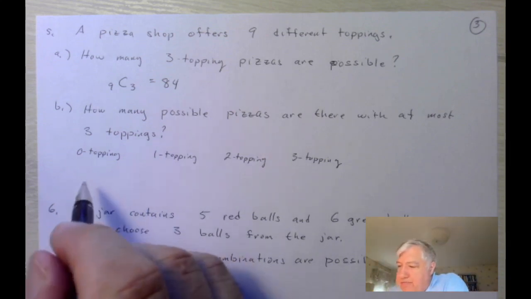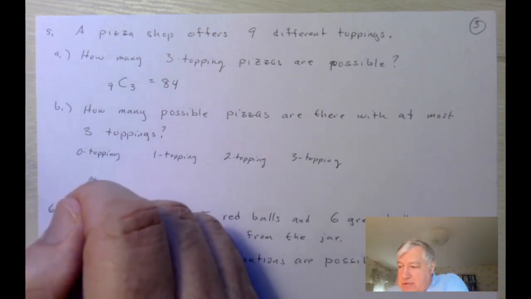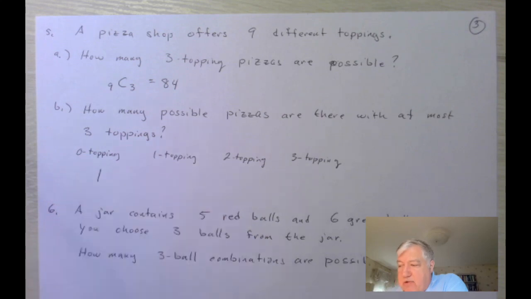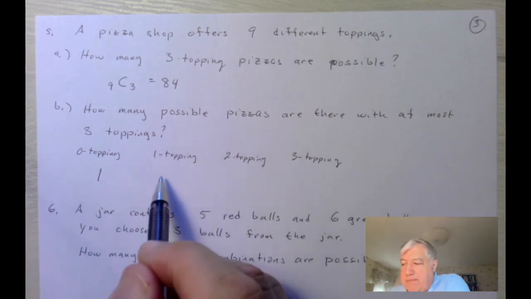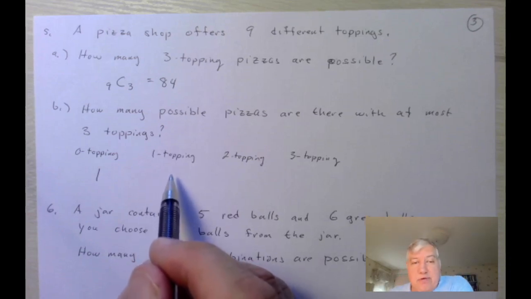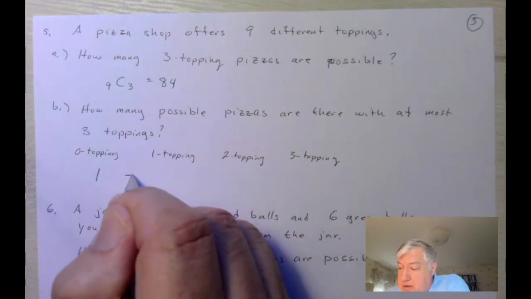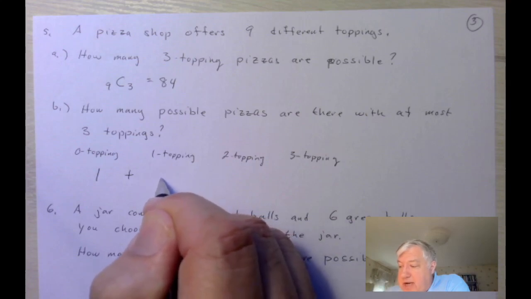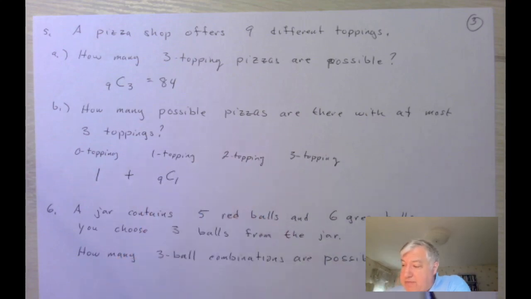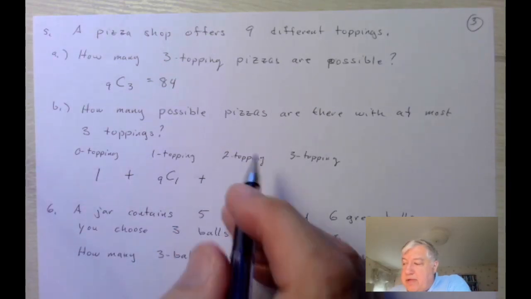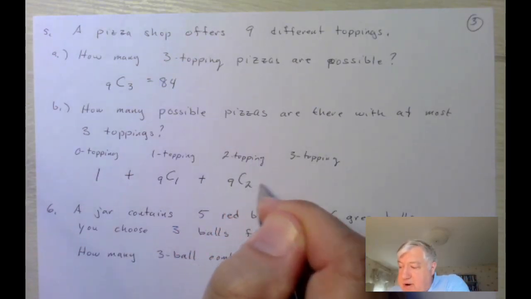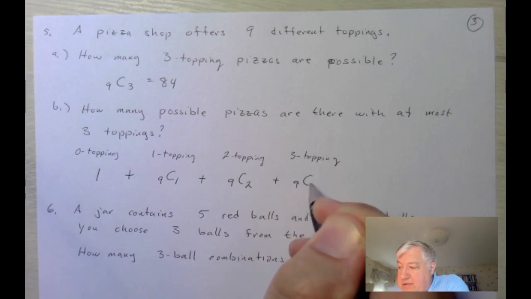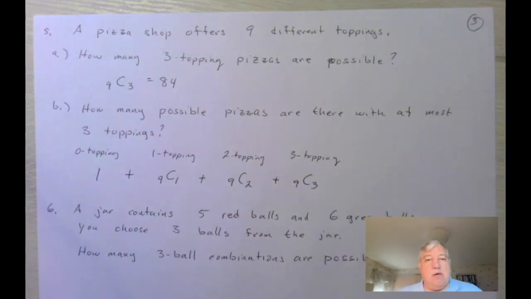Okay, well, for 0 toppings there's only 1, which you can think of as 9 choose 0. 1 topping, there would be 9 toppings, so this would be 9, which is the same thing as 9C1. How many 2-topping pizzas? This would be 9C2, and we already know that there are 9C3 ways for 3-topping pizzas.